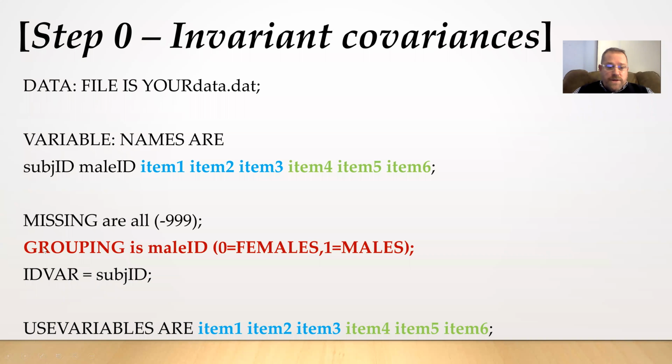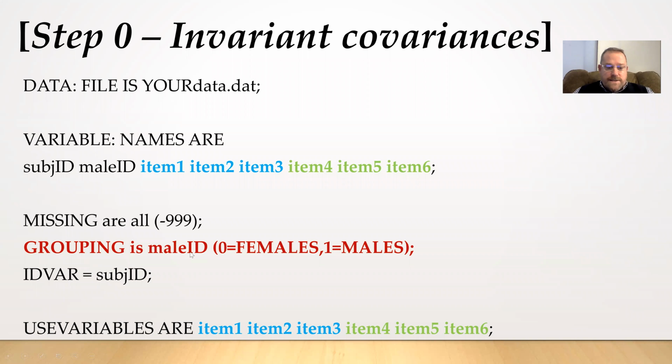I've put this in red. Grouping is, and then the name of the, I don't know why I called it mail ID. Oh, I called it mail ID because this is how they self-identify. So trans males would be a 1 on this as well.